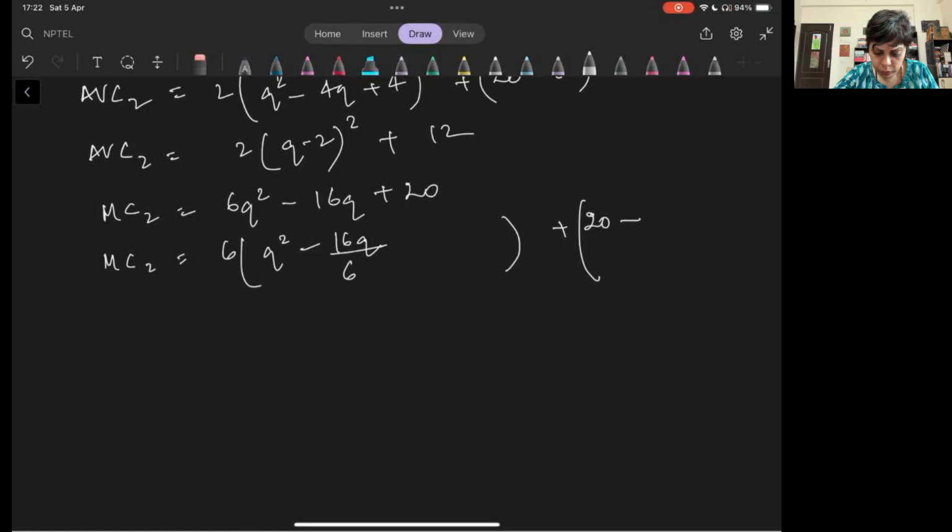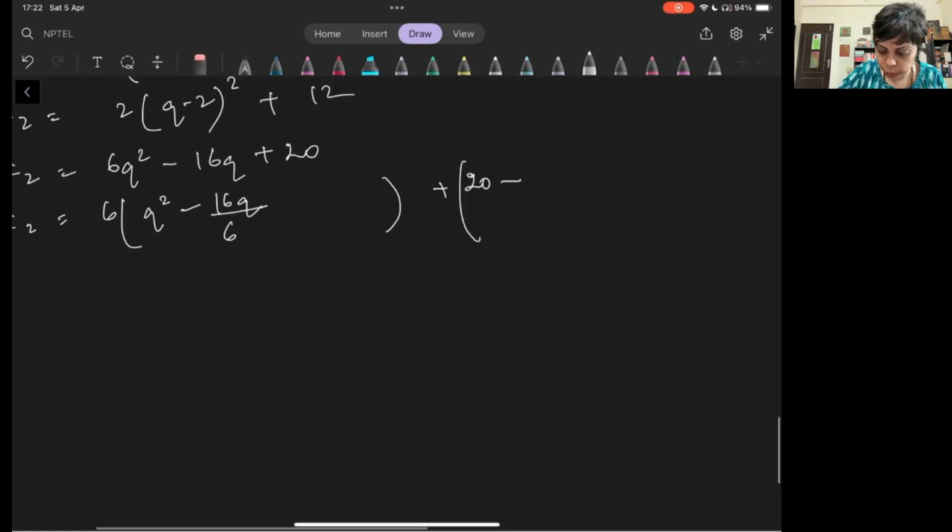What are we doing? 16Q by 6. I was doing this rough work here.